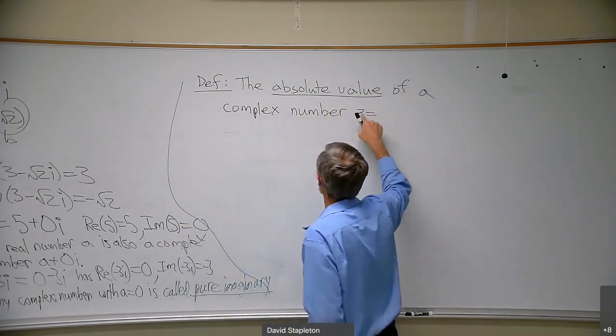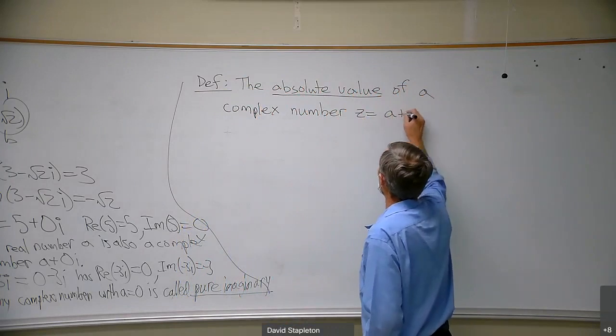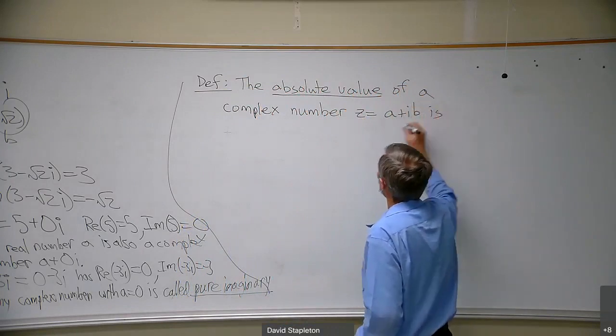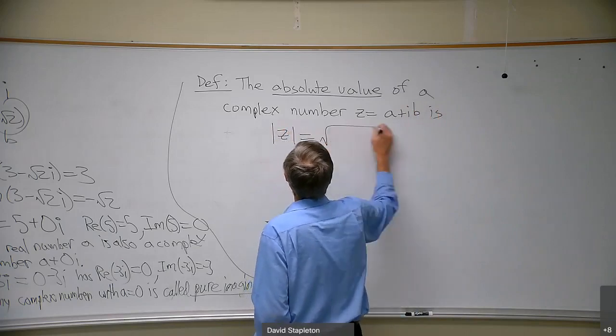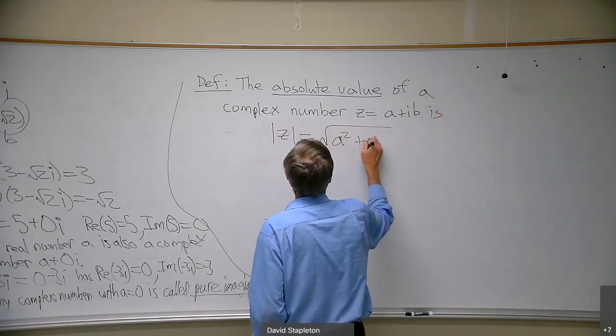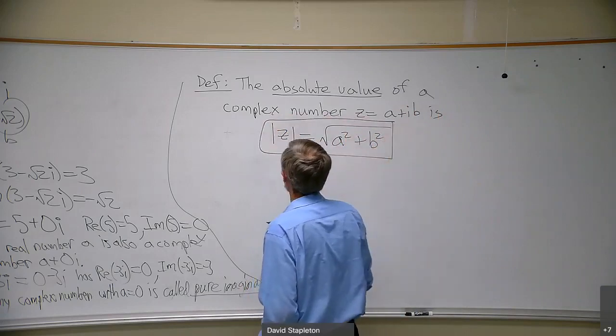I'll put a hack mark here through my z to show it's not a 2. The absolute value of a plus ib is the square root of a squared plus b squared. How about that? That seems like an odd definition.